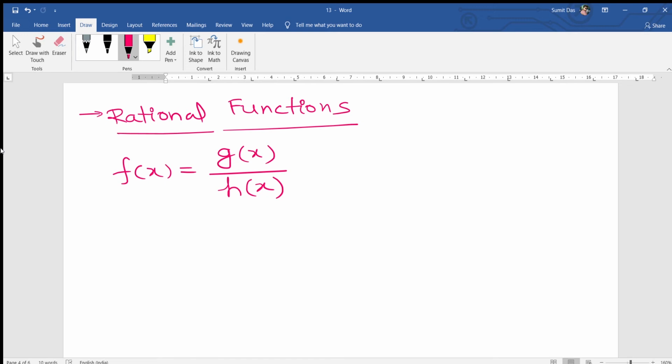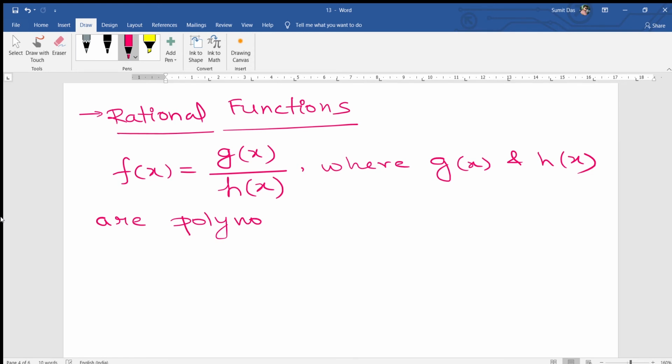A function is said to be a rational function when f(x) is equal to g(x) by h(x), where g(x) and h(x) are polynomials, such that h(x) is not equal to 0.